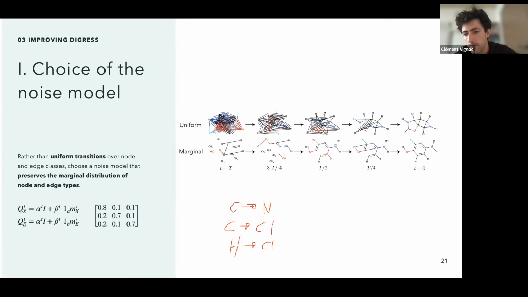So one thing that I think could be very helpful in the case of molecular graphs would be to allow a transition to only happen one step on the periodic table at every step that you add noise, either left, right, up, or down on the periodic table. Because the idea is to not add noise one time. If you wanted to add noise one time, then what you do makes a lot of sense.